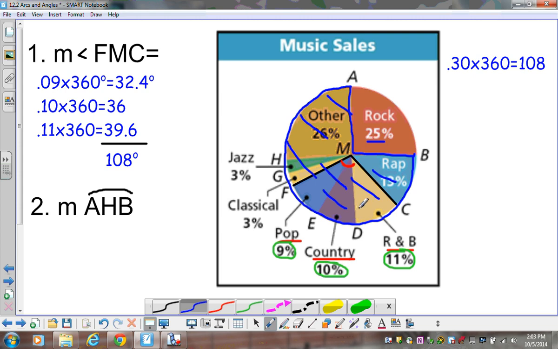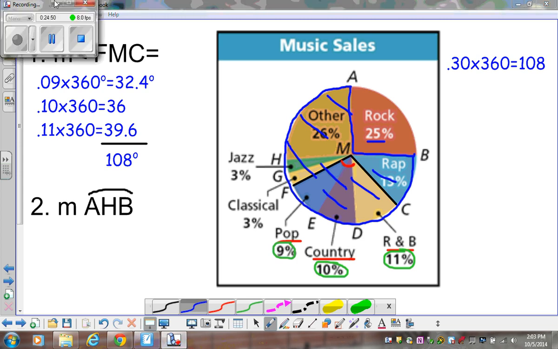The piece that I don't want to include is this 25%, the rock and roll piece. So the quickest way is to just find the degree measure for rock and roll and subtract that from 360. The longer way is to take each of these percentages, add them up, and then multiply that by 360. But either way, you're going to get to the same answer.